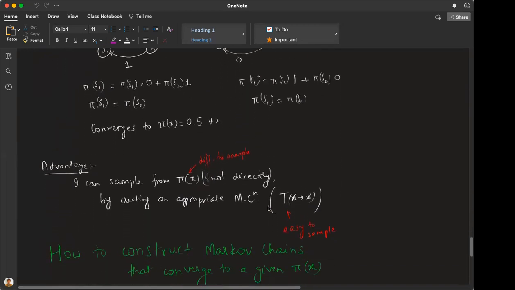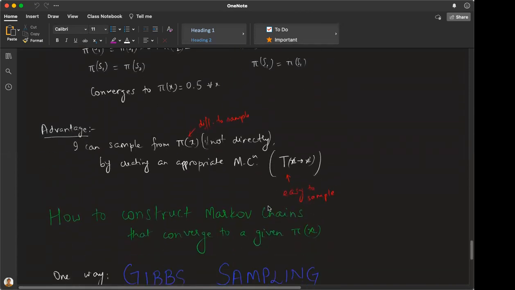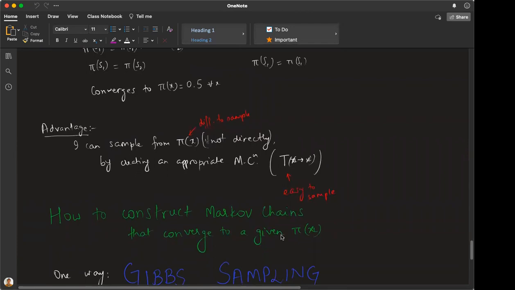Now, the question is, given a stationary distribution pi, can I construct the transition probabilities which will converge to that pi? Is the question clear? Given a stationary pi(x), the state probabilities, can I construct transition probabilities which will converge to that pi(x)?